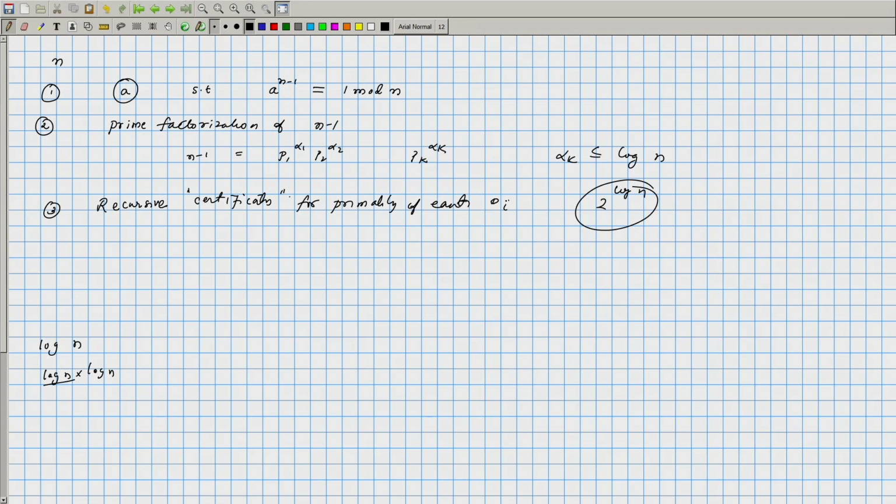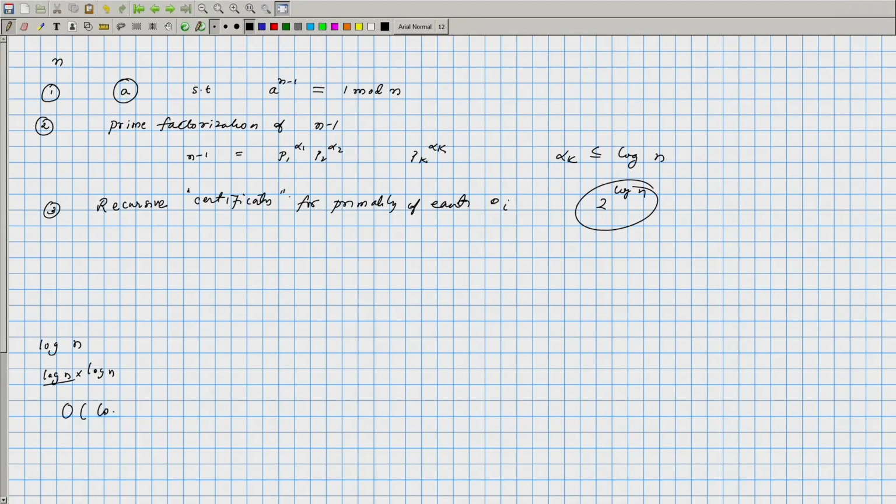Together all these things we can account for, and we can argue that the total length of this is going to be bounded by log n to the power 3. And that is a polynomial in terms of the size of the input. This is known as a Pratt certificate, and that would show that primes belongs to NP.